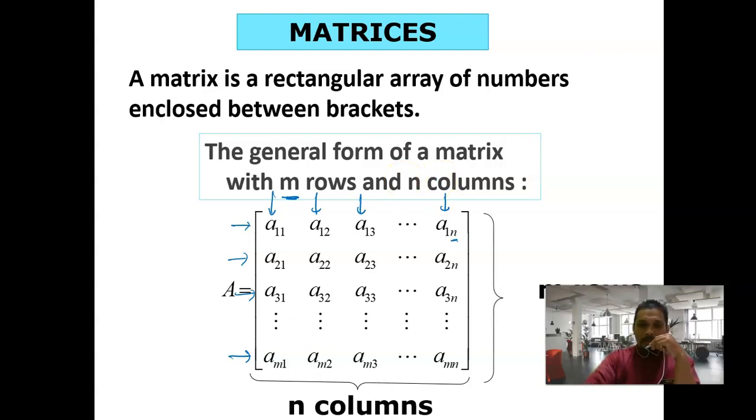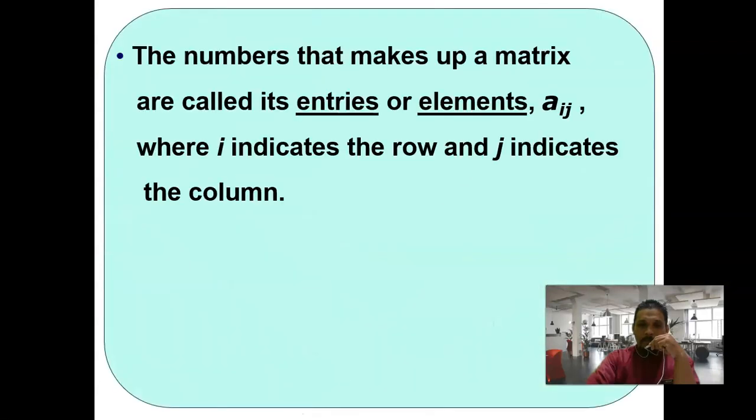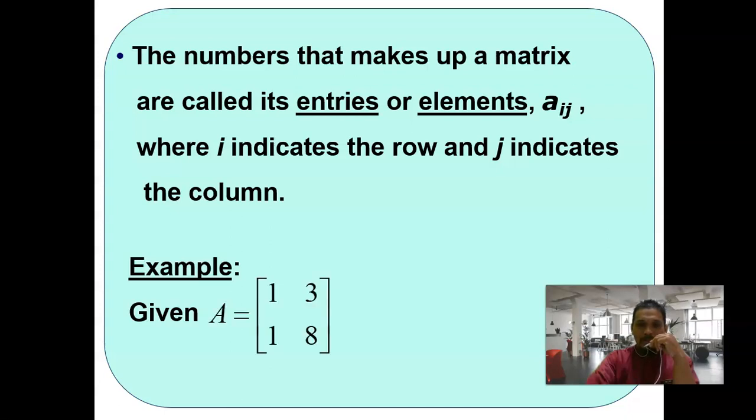And here is n columns. The numbers that make up a matrix are called entries or elements a_ij, where i indicates the row and j indicates the column. For example, look at this one.